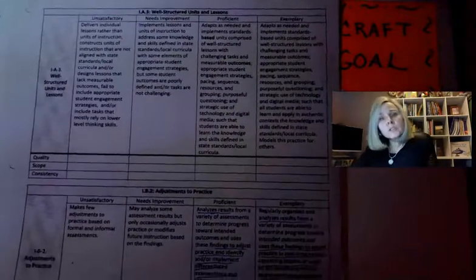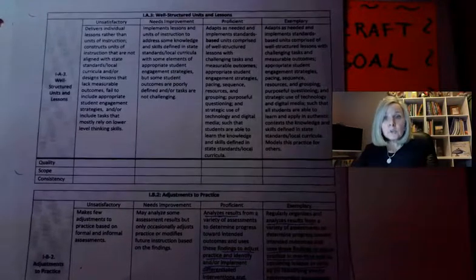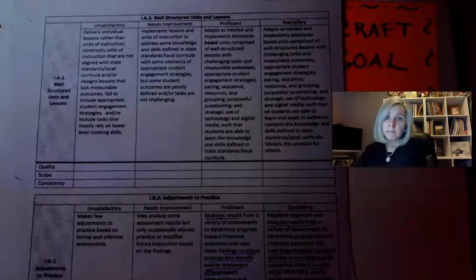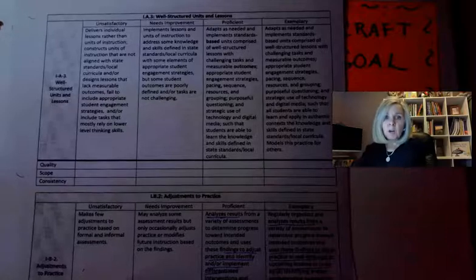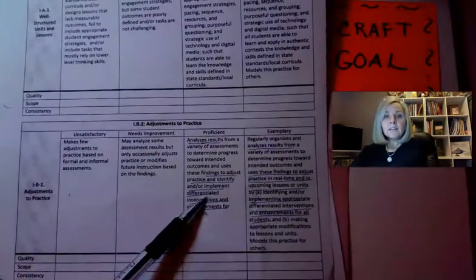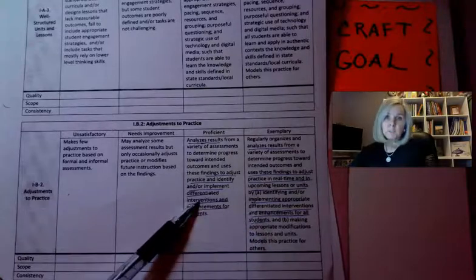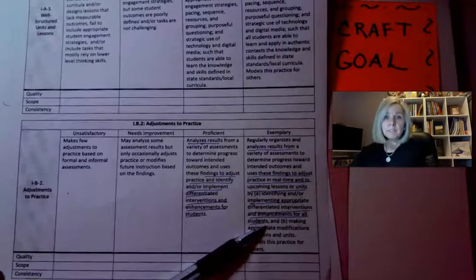So you'll want to either look at it electronically, or you might want to print it out just so that you might be able to write on it. So I looked within adjustments to practice, and the areas that you're really going to be focusing on, that you want to either be proficient or perhaps someday be exemplary.